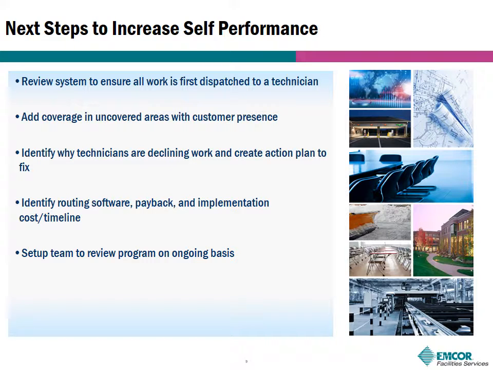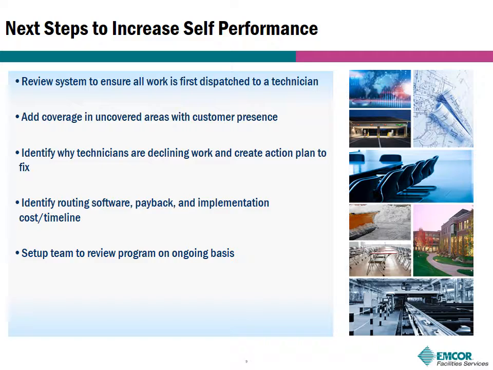So a quick review of the next steps. First, make sure that all work is dispatched to a technician and that they have the first right of refusal, so that no work orders are initially dispatched to subcontractors. Second, review uncovered areas with customer presence, identify if their footprint has grown or changed, so that we're able to add coverage to those areas. Next would be to identify why technicians are declining work.